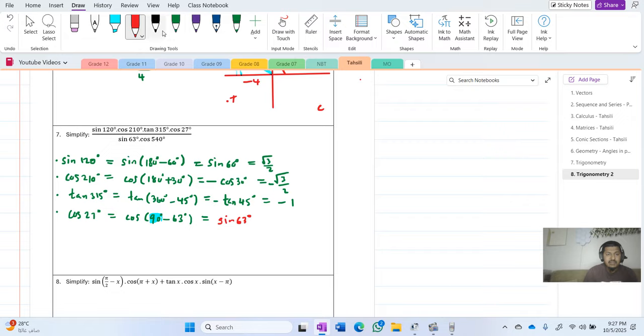We're going to do the last one, which is cos 540. Cos of 540, we're going to take out one revolution, so that is cos of 540 minus 360, which is cos of 180. Take cos of 180, you can either add a 0 or minus a 0, it doesn't matter.